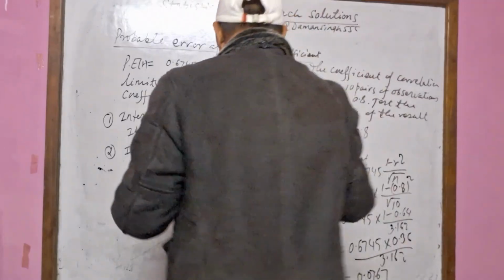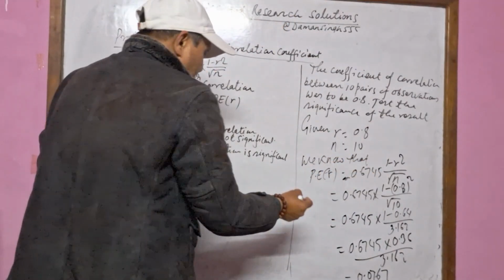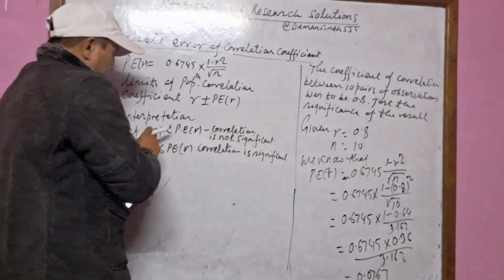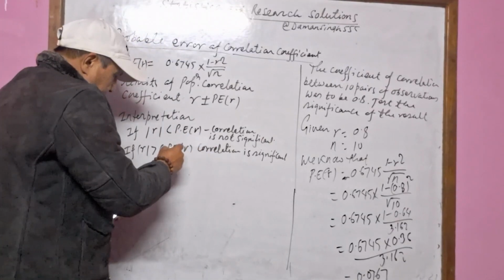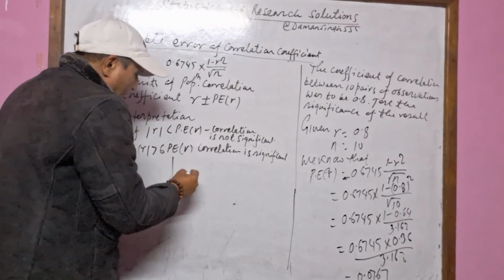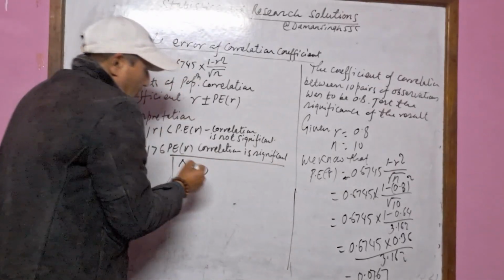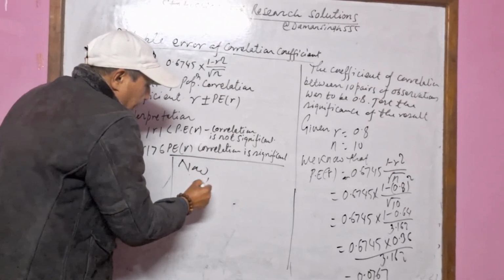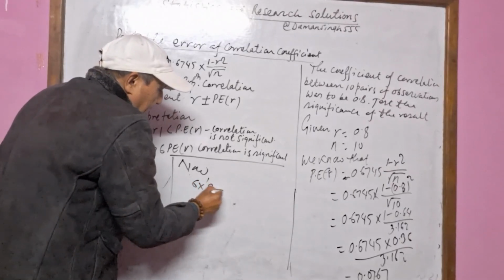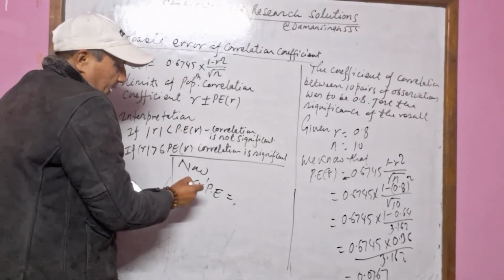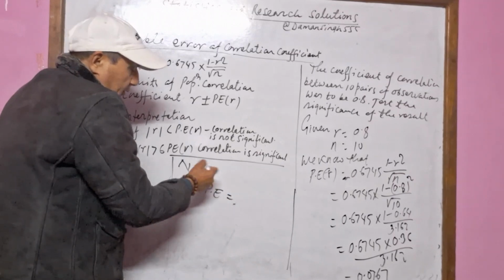Now you calculate 6 into PE. For interpretation we need 6 into PE. PE means 0.0767.